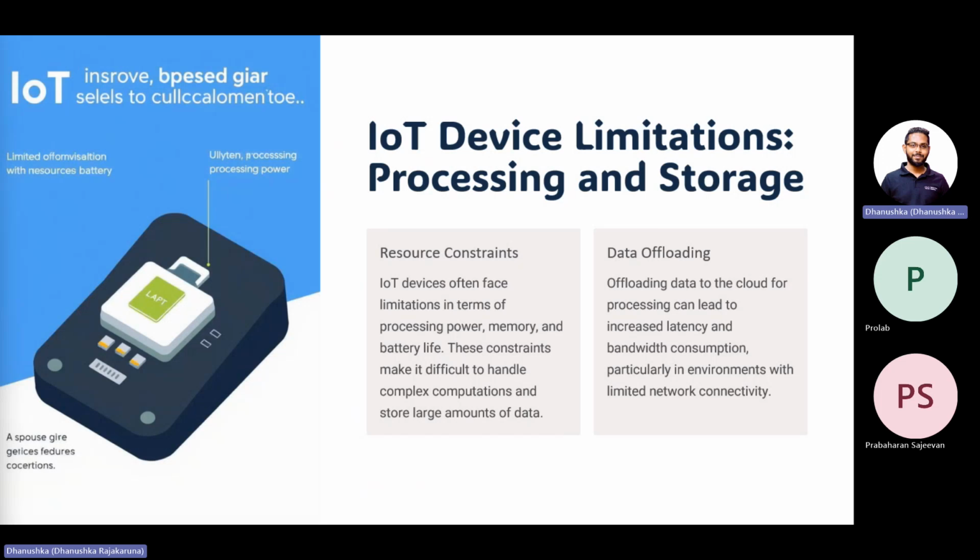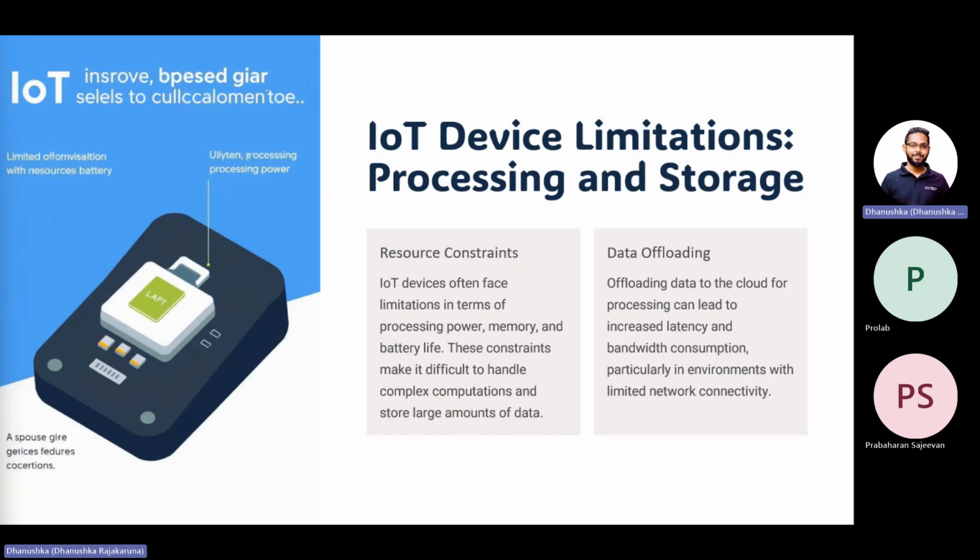On processing power, IoT devices such as sensors and actuators often have limited CPUs or microcontrollers, so they struggle to perform complex computations or run resource-intensive algorithms like machine learning locally. Then another limitation is storage capacity.